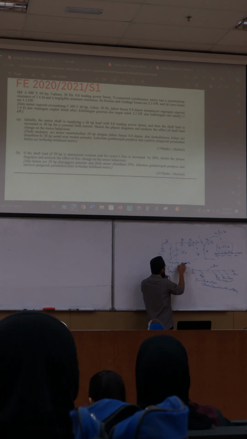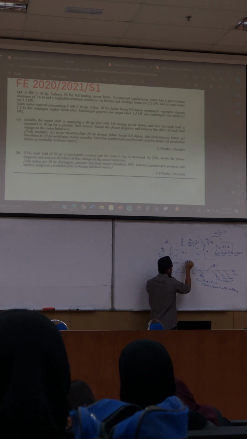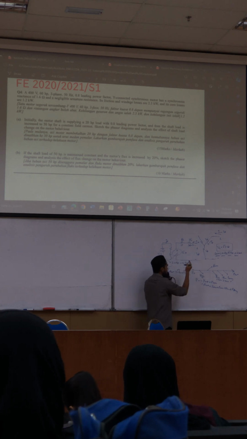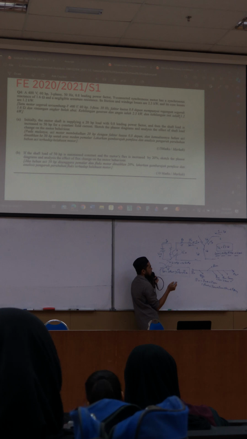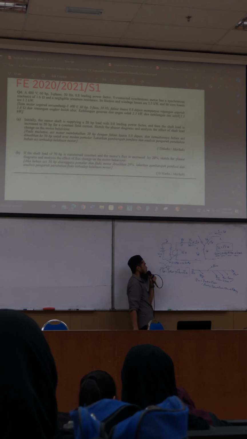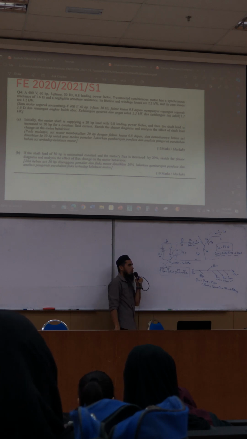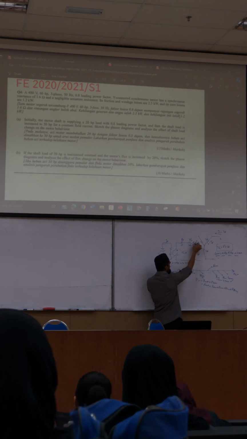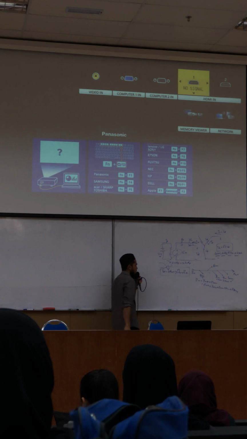At the same time, your V supply to your system also does not change. You put more load, the incoming voltage is the same, the supply electrical field or magnetic field is also the same. What happens is that it will draw more current inside your system to cater for this load.